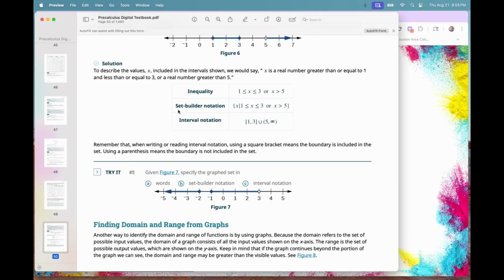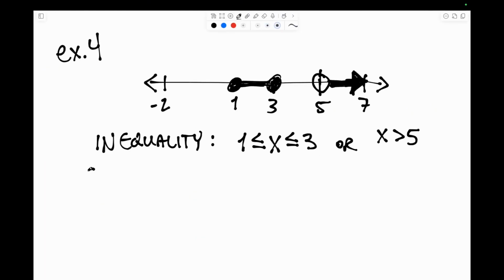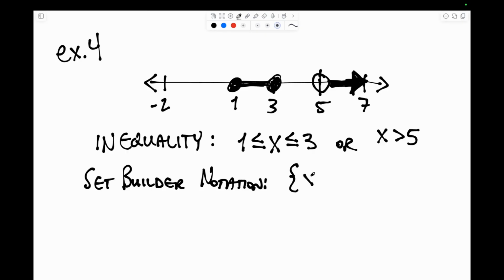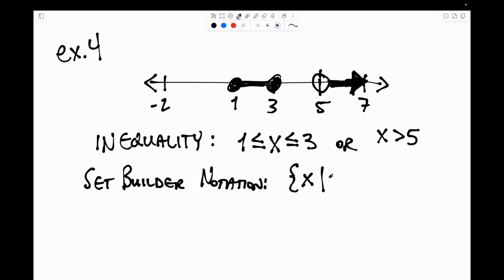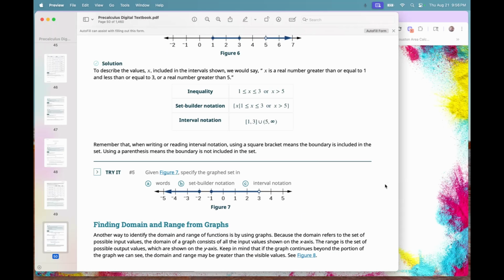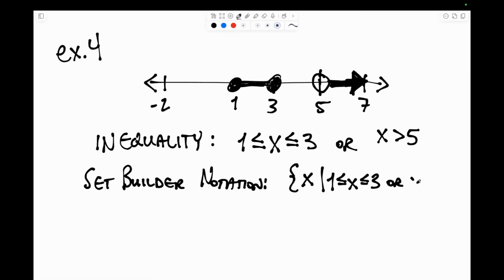There's the set builder notation that uses these curlies, x, such that, and it's kind of like you use the inequality notation now, 1 less than x less than or equal to 3, or x greater than 5. And then you end with the curlicue.